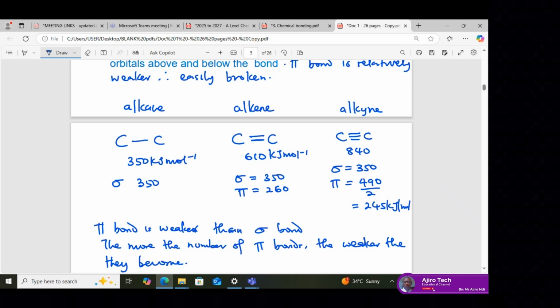Why is alkyne more reactive than alkane? Alkyne has two pi bonds, each of which is weaker than a pi bond in alkene, so it can easily break. When a bond can easily break, the reaction can easily occur. So sigma bonds are stronger, pi bonds are weaker. Simple as this, no story.